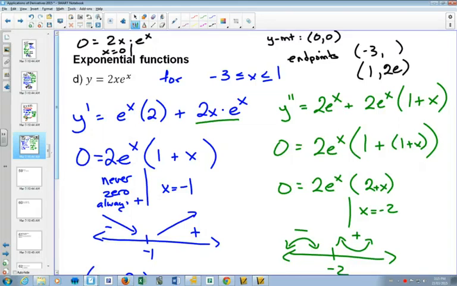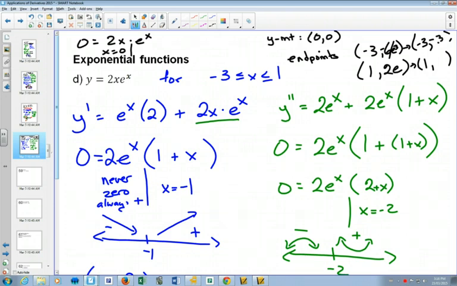Plug in 1, that'll be 2e. -3, that will be -6 over e cubed. I'm going to write both of those as decimals as well. -6 divided by e cubed is -0.30.